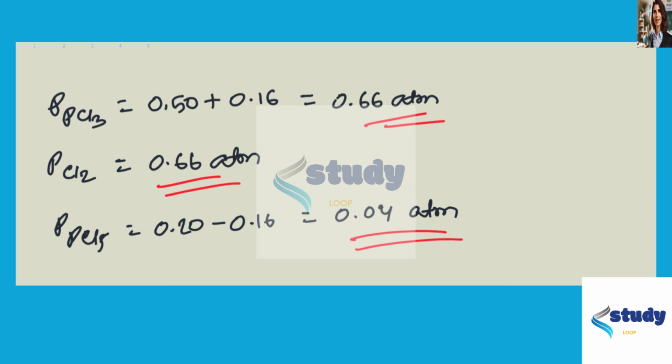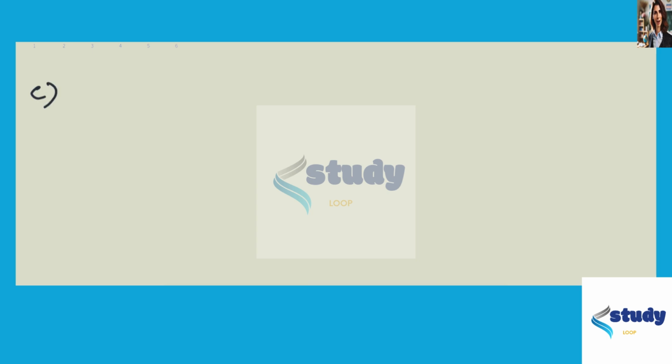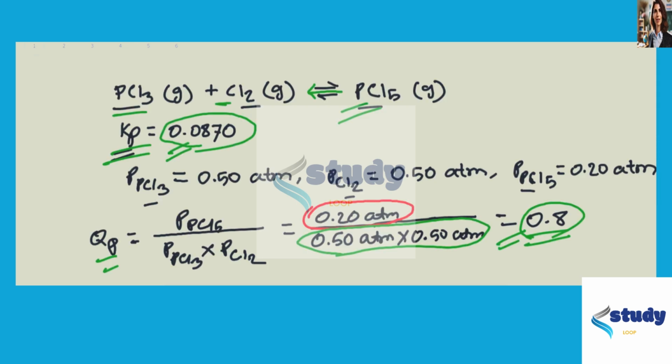Now in part C of this question, we are asked what effect increasing the volume of the system will have on the mole fraction of chlorine gas in the equilibrium mixture. If we increase the volume, the equilibrium will shift in the direction where there are more molecules.